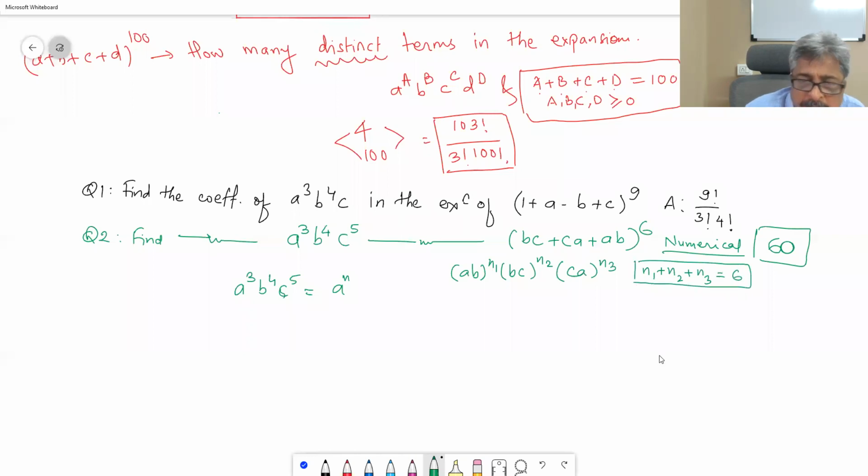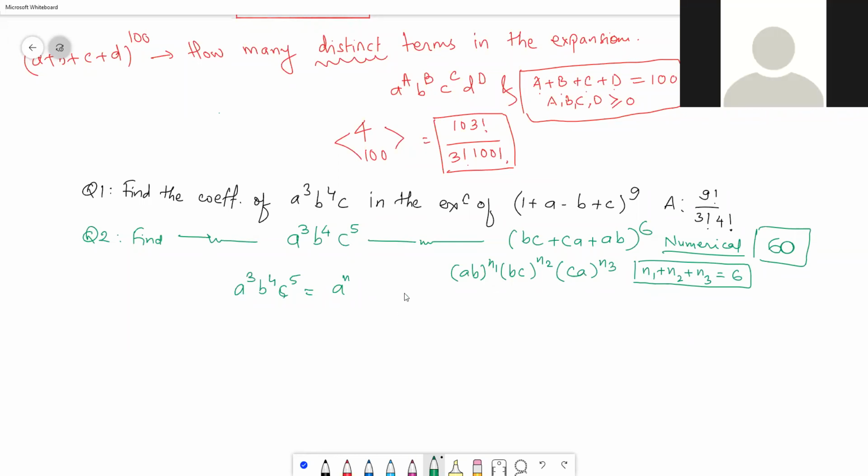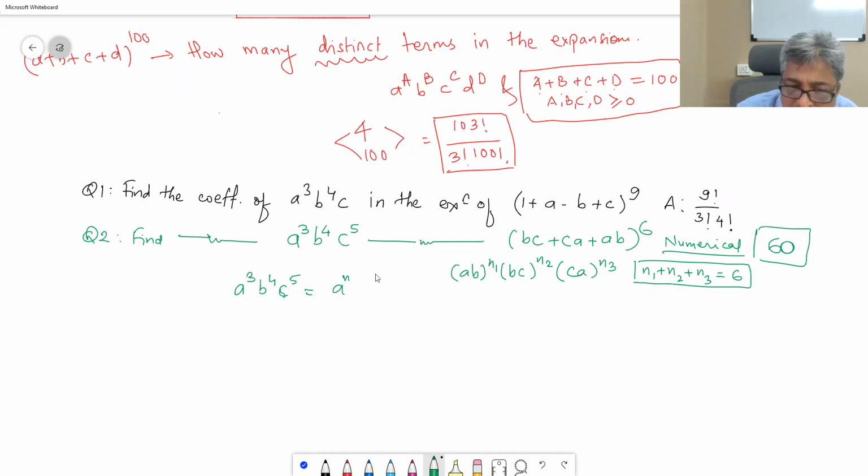We know this. Now, yes. a raised to 3 you want, and you have a raised to n1 and a raised to n3 with you, into b raised to n1 plus n2, c raised to n2 plus n3, correct?